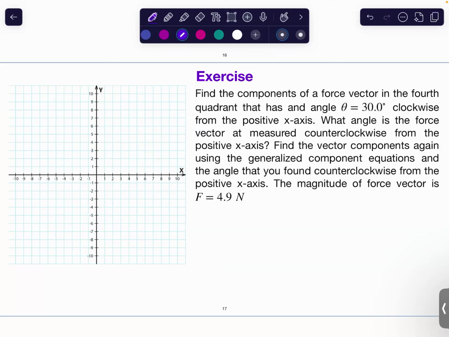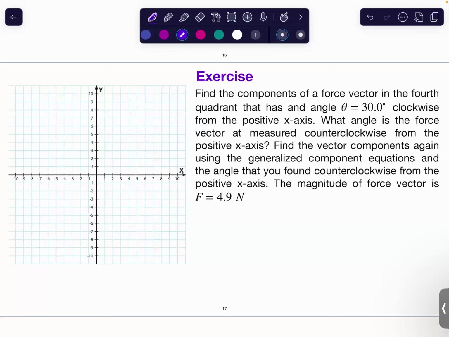Make sure you go through quadrants 1, 3, 4 to start. So your force vector is positive x. He wants to find, how would you figure that out? So you find them with theta, and then you find them with the angle going counterclockwise.